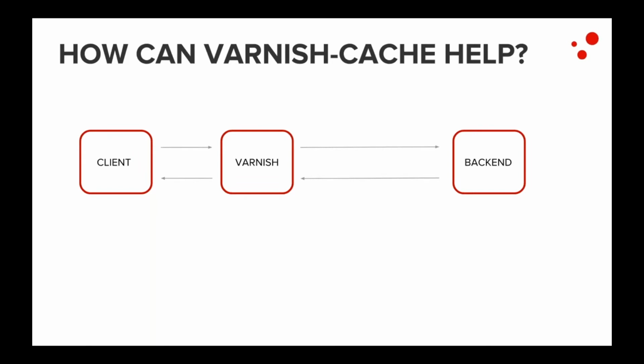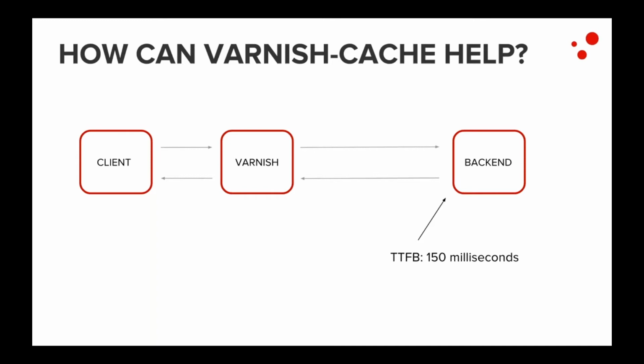A backend fetch requires something like 150 milliseconds as time to first byte. So if the client issues a request, and the response for this request needs to be generated by the backend, the time to first byte will most likely take 150 milliseconds.